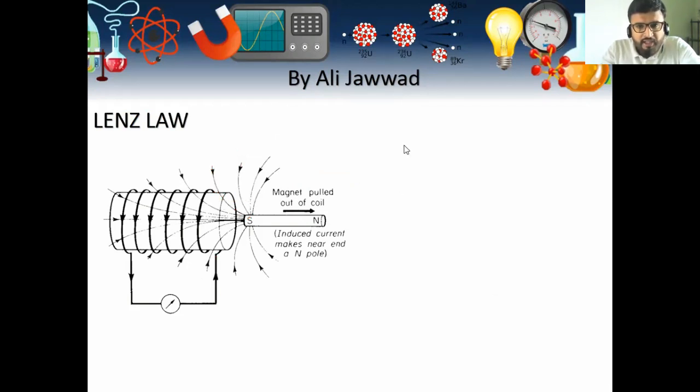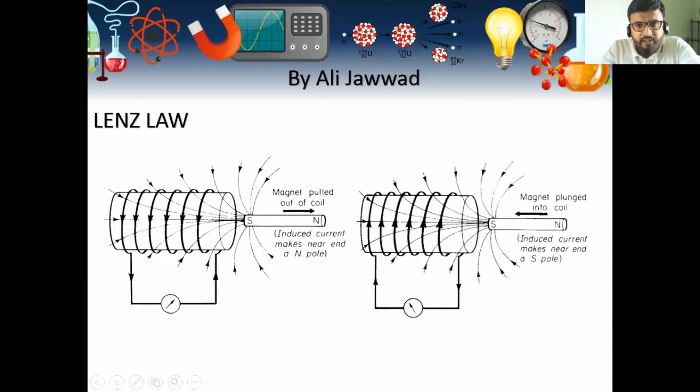Now, it can be vice versa. If we move the magnet into the coil, the direction of the movement will be opposite to the direction of current, and the current is produced in the opposite direction. As you can notice, the arrows give the direction of current.